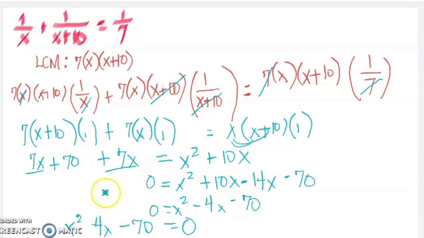Okay. Since mahirap kumuha ng factors ng 70 kasi medyo malaki, pwede tayong gumamit ng quadratic formula. Okay. So, ang a natin is 1, b is negative 4, at si c is negative 70.